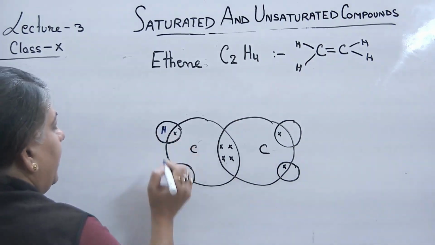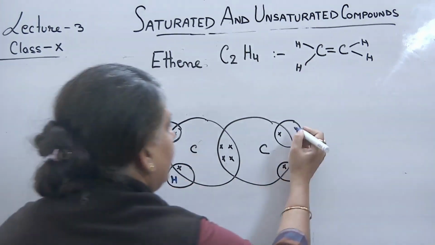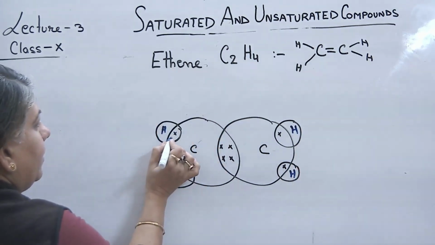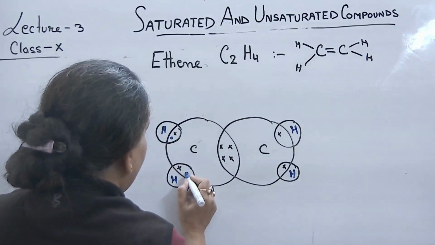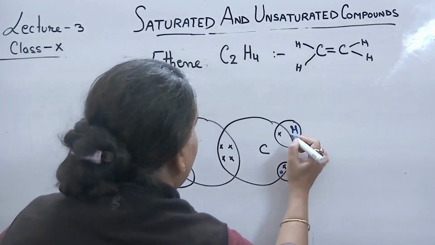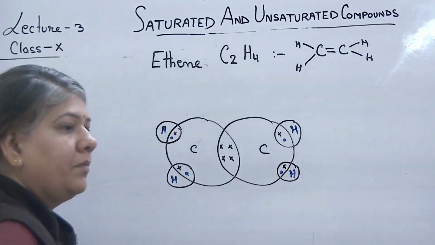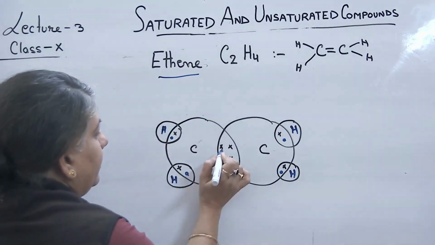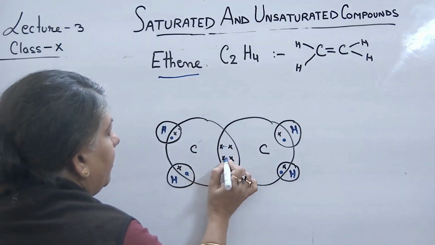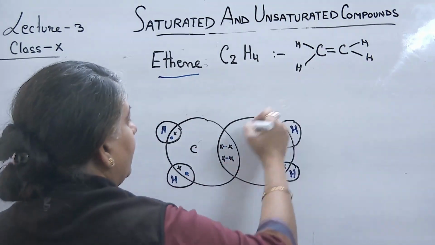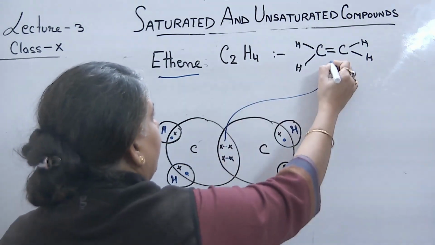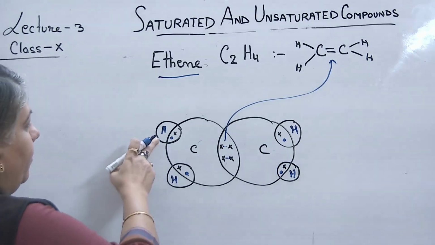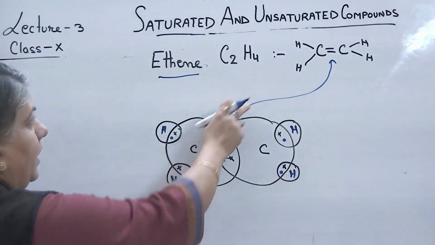This is representing hydrogen, and hydrogen will also share its 1 electron with carbon. So this is the electron dot diagram for ethene. See, these two pairs are forming a double bond, this one. So this part is representing this, and one single bond with hydrogen.